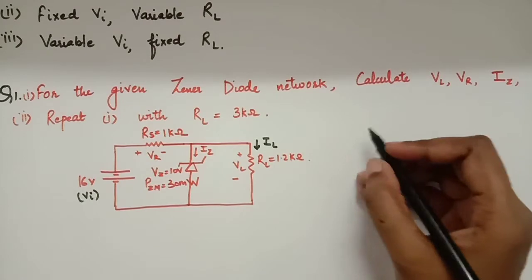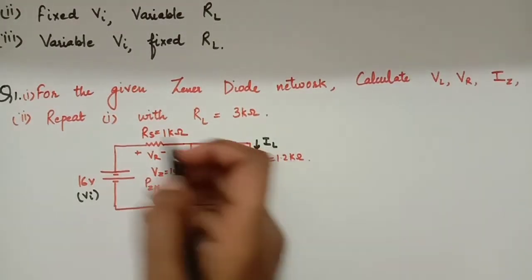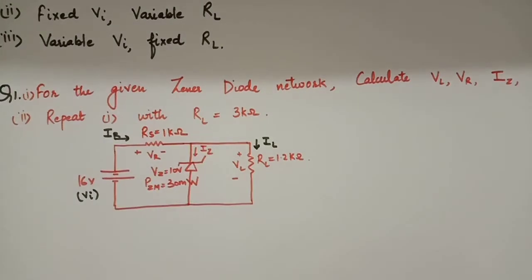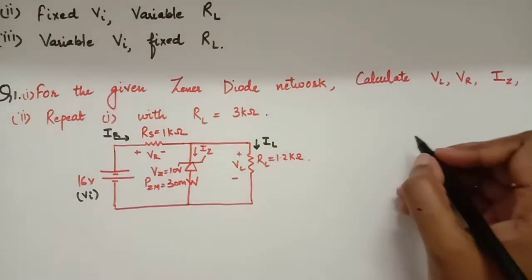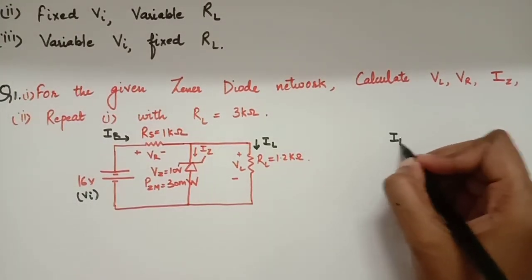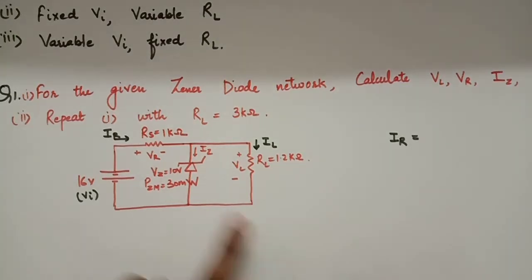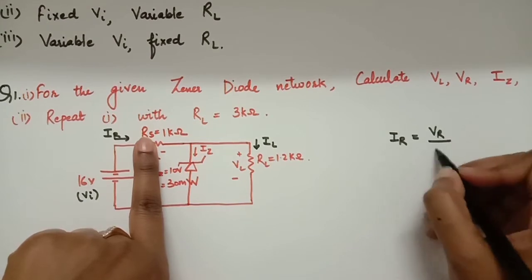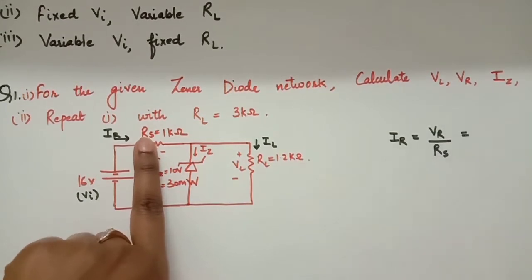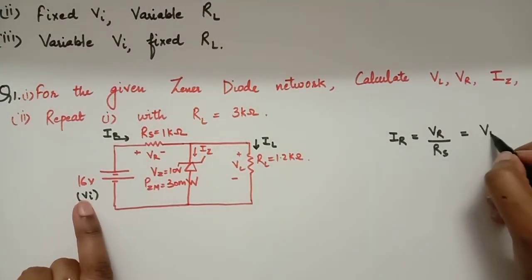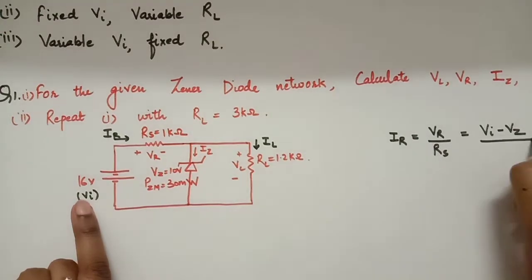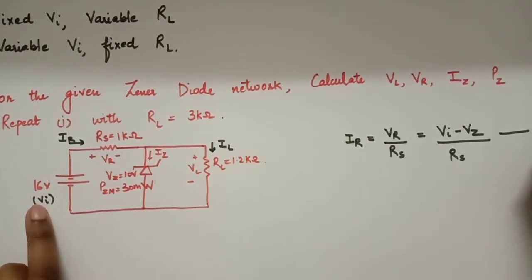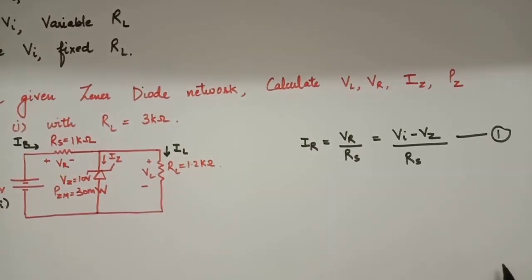First, we will also assume IR. The first equation we will write for IR in terms of nodal analysis: IR is equal to VR upon RS, and if we further open VR, it's Vi minus Vz upon RS. We have already looked at this equation earlier, and this is the first equation.